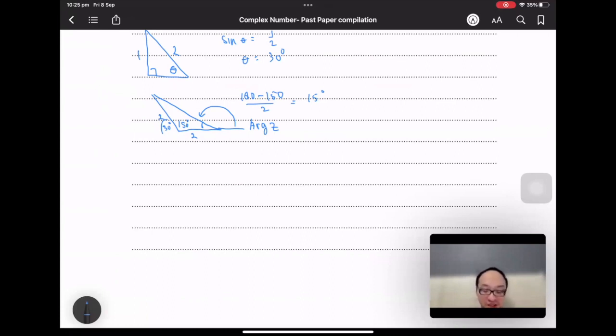So the argument z in here is pi minus 15 degrees. So 15 is pi times 15 over 180. So it equals 11 over 12 pi radians.